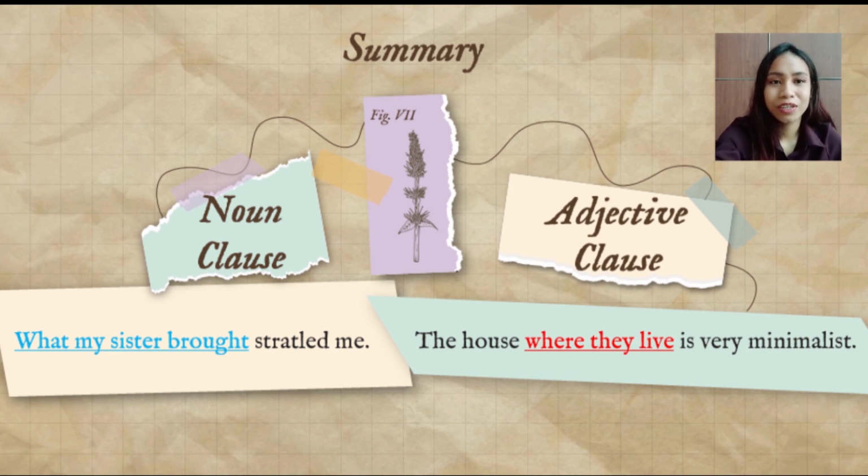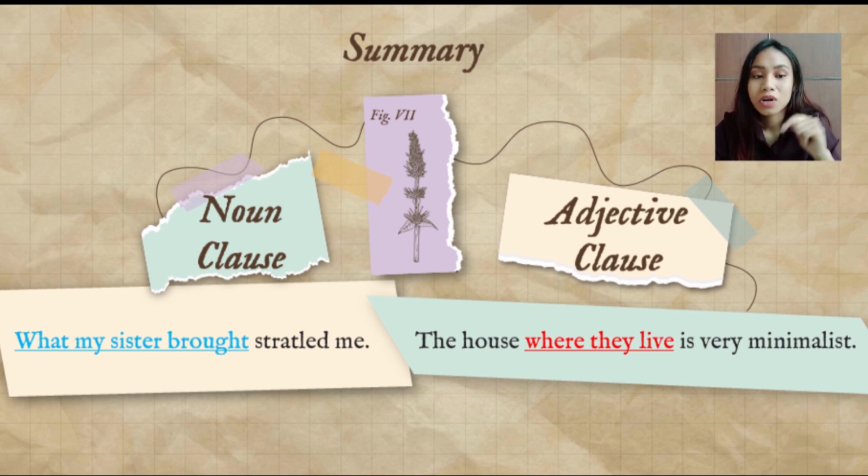Now I'm going to give you a summary of the video. As you can see, these are two examples of the clauses. The first one is the noun clause: what my sister brought startled me. And then the adjective clause: the house where they live is very minimalist.